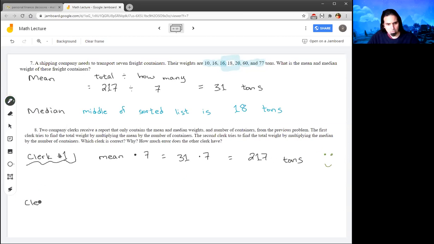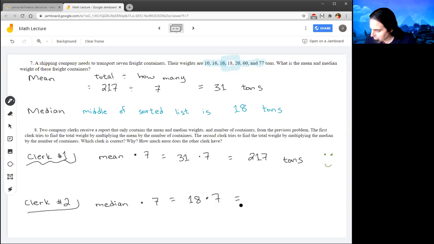Clerk number 2, he read the different report. He only knows the median. So he says, well, if the typical one weighs 18, then 18 times 7 should give me a ballpark of how much the whole shipment is, right?